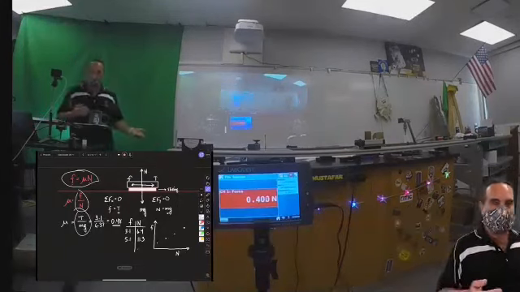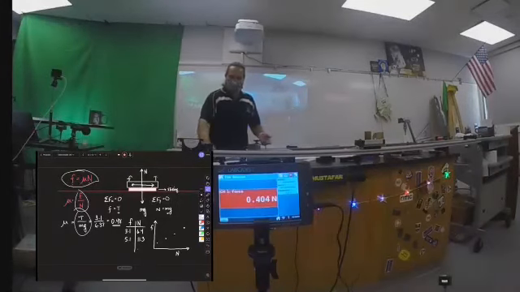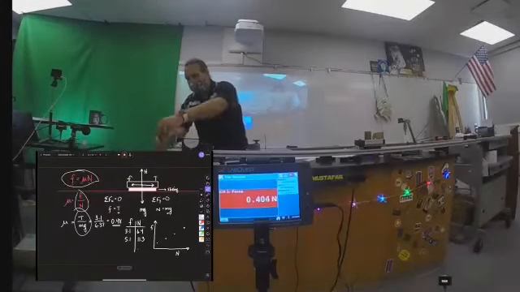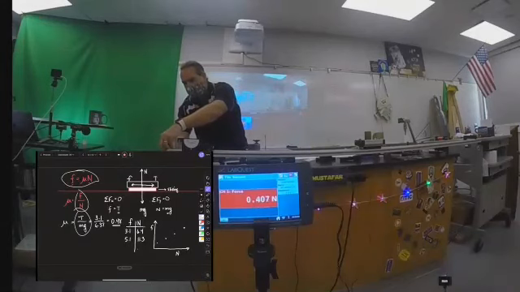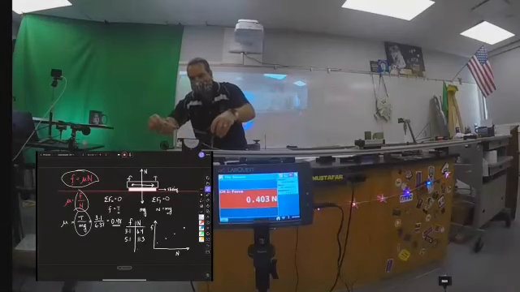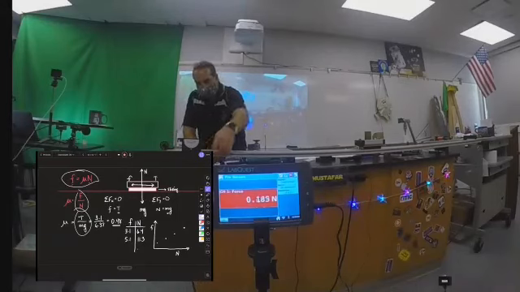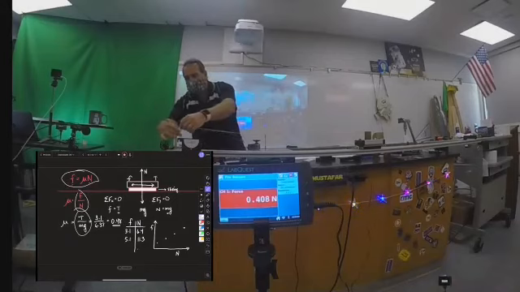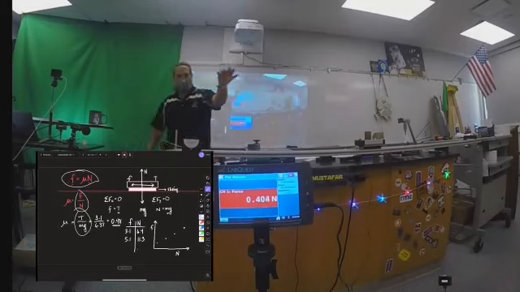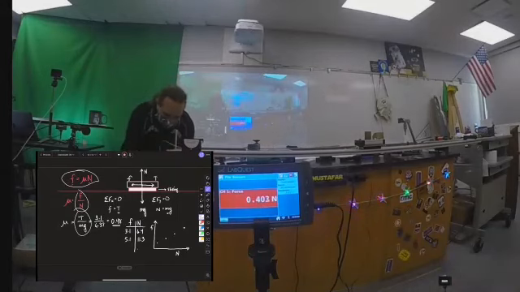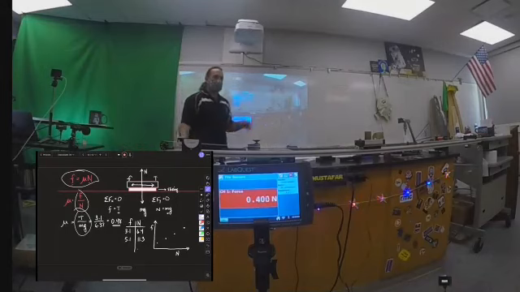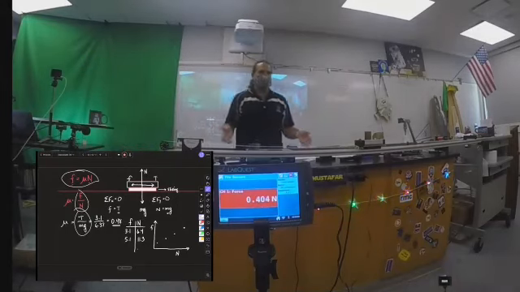In the old days, the way I used to do this lab is I'd put a pulley on the end because I didn't have spring scales, even though they're cheap. And instead, we would attempt to create the conditions for a constant velocity by hanging something off the end. So I'd get a mass hanger like this, hang it off the end, and we'd add weight to the end until the system just began to move at constant velocity.